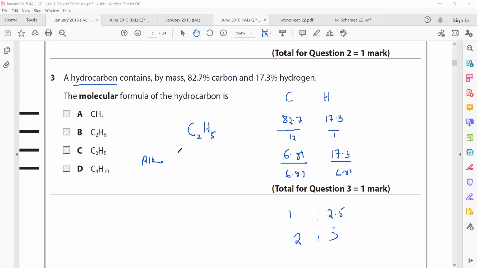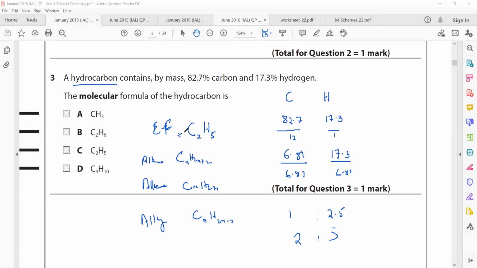So it should follow the general rule for alkane, which is CnH2n+2. If it was an alkene, then the number of hydrogens should be twice the number of carbons, 2n. If it is an alkyne, the number should be 2n minus 2.